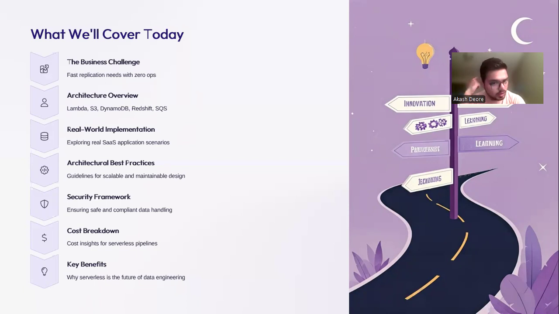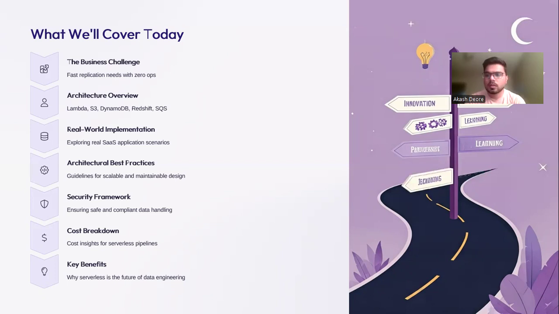After that, we will also be looking into problems that this architecture solves, such as latency, scale, security, and operational burden. After that, we will be seeing real-world impacts, architectural best practices, and security considerations.